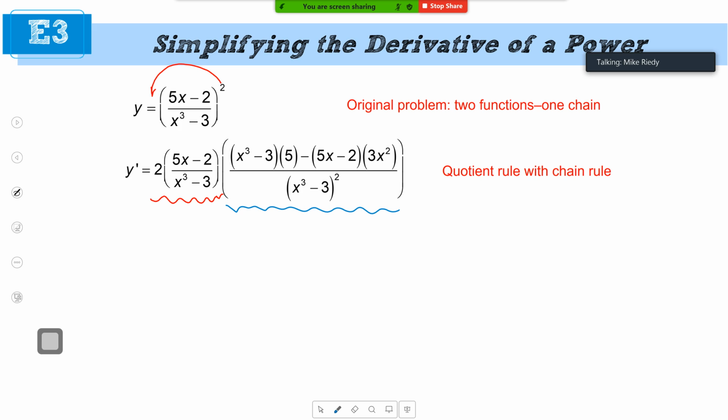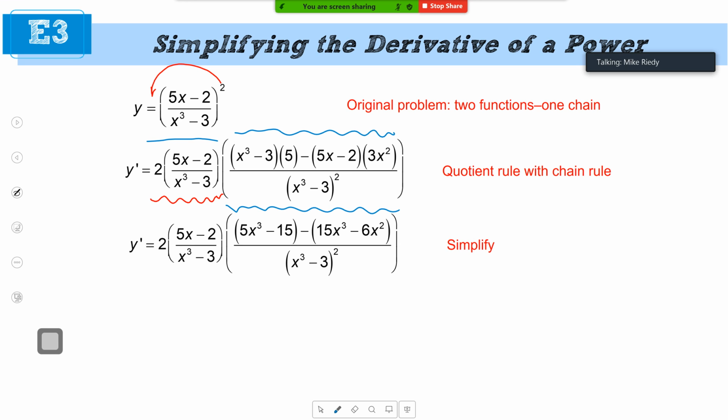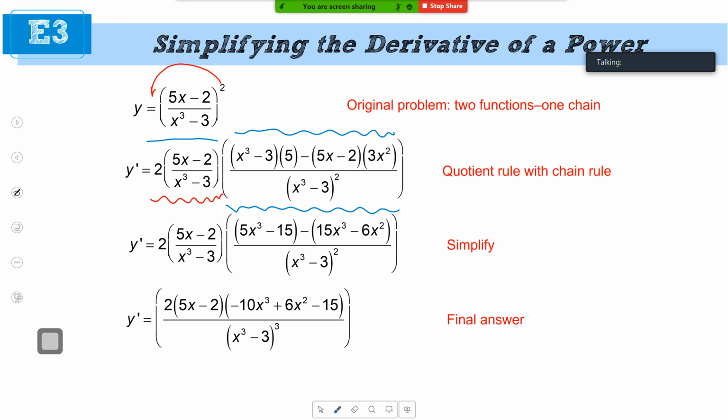Well, if I look in the top here, I can do some work up there by simplifying. Distribute the 5, distribute the 3x squared, combine terms before I start bringing this business into it. And so we get that. Distributed the 5 to the first two terms, distributed the 3x squared to those two terms. And then the fun started.